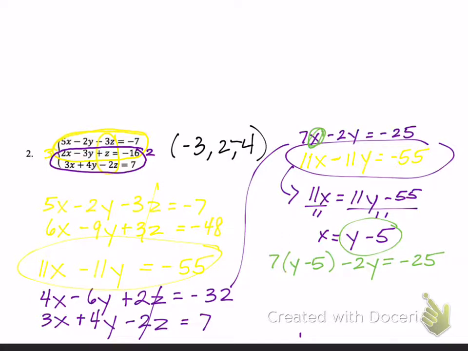Are you guys following me so far? This is why you feel smart, because then in the end you get numbers and it all works out. It's just like a whole page of work. So then distribute: 7y minus 35 minus 2y equals negative 25. Combine like terms.